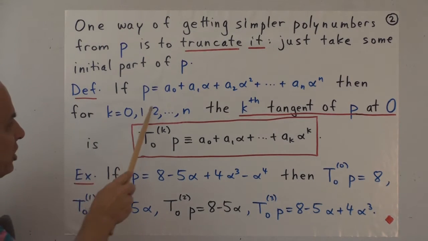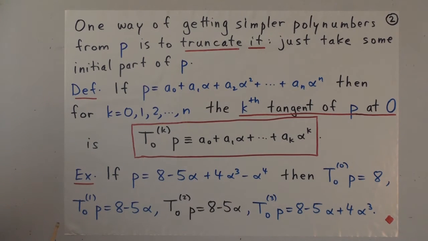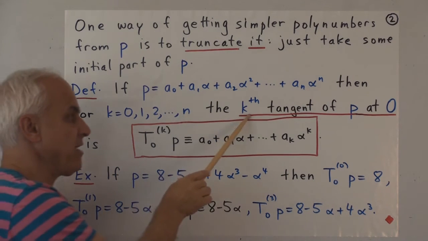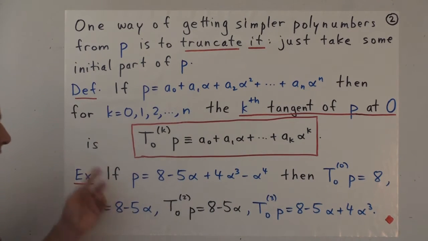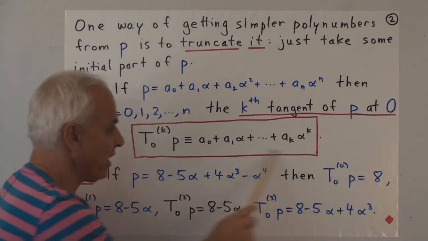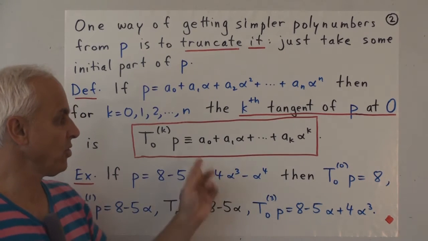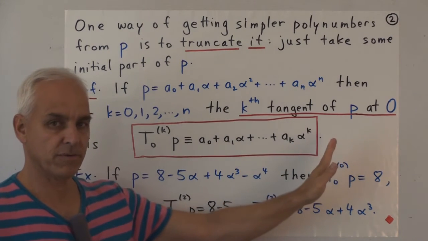So the official definition, if p is this polynumber here, the same one as we've been talking about, then for any k, 0, 1, 2, up to n, the kth tangent of p at 0 is this new polynumber that you get by just going up to the degree k terms and no further.